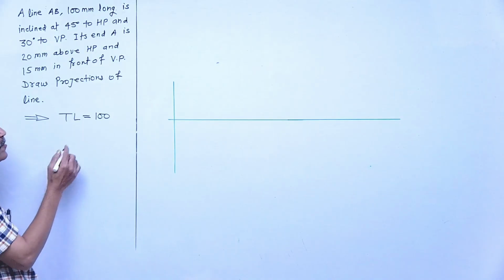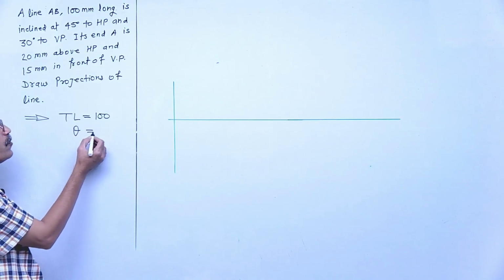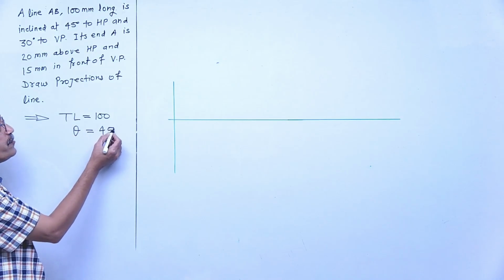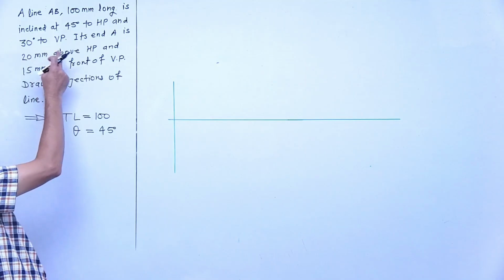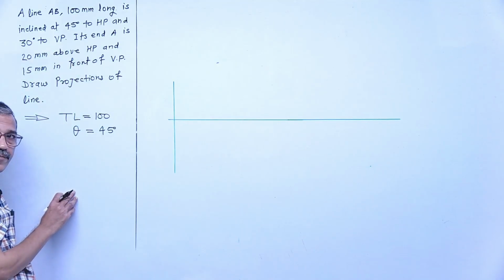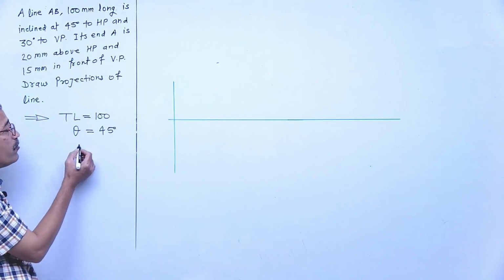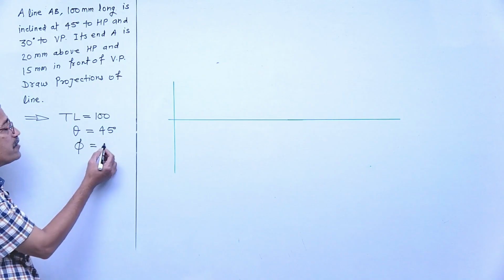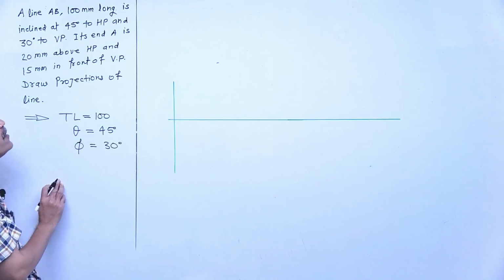Inclination with HP is represented by theta, 45 degrees. The line is inclined with the VP at angle phi, which is 30 degrees.